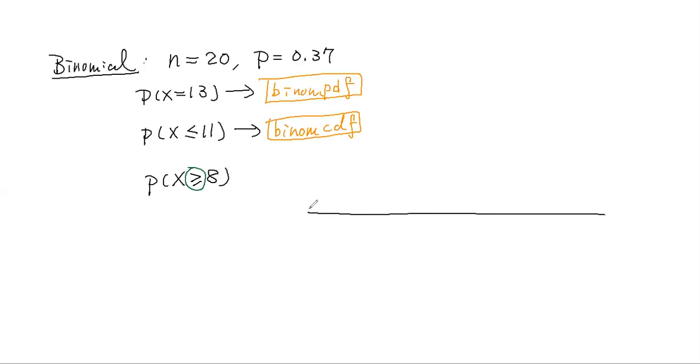Here, this is from 0, 1, 2, 3, 4, 5, 6, 8, 9, 10, 11, to 20. I'm looking for the probability of success greater than or equal to 8, from 8 all the way to here.